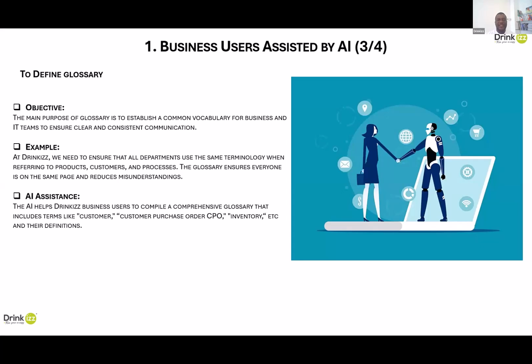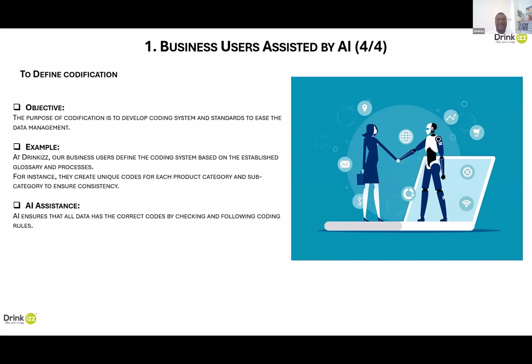The glossary ensures everyone is on the same page and reduces misunderstanding. The AI here helps Drinkizz business users to compile a comprehensive glossary that includes terms like customer purchase order with the term CPO, inventory, and their definitions.